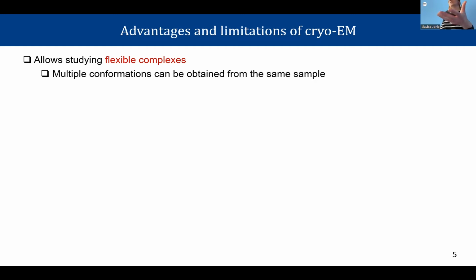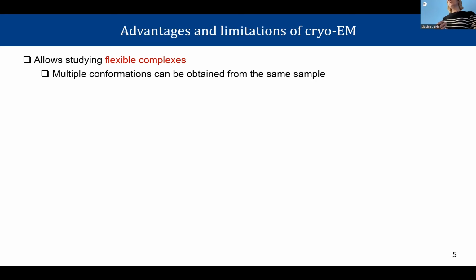Because some conformations, some shapes, can be more favorable as targets for medical treatments. It means that they may be more favorable to bind some drugs, or to deactivate the complex so it does no harm in the cell. So they really would like to have all these conformations, which is very difficult to get.